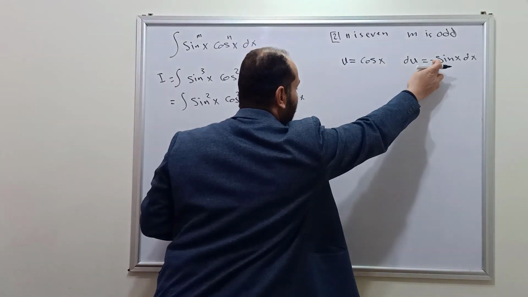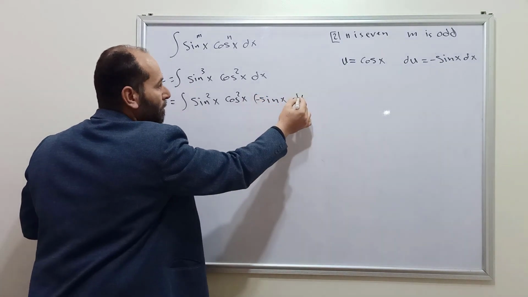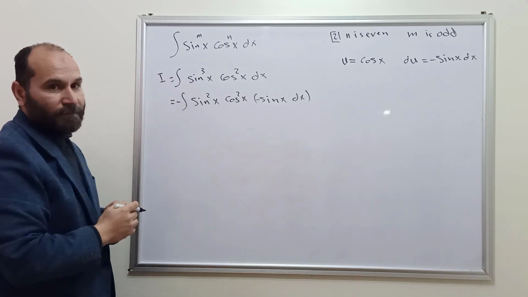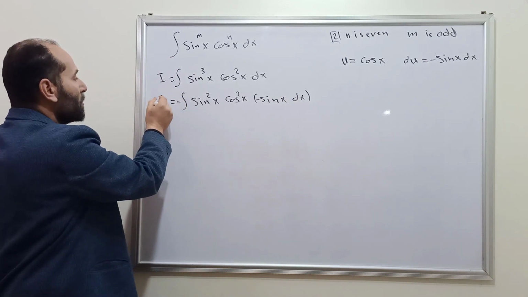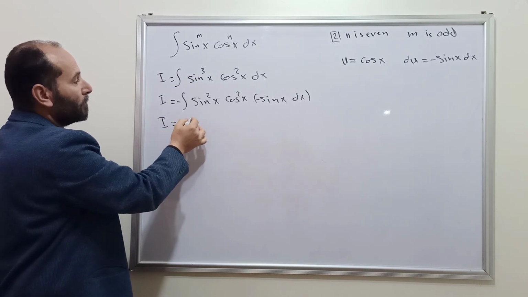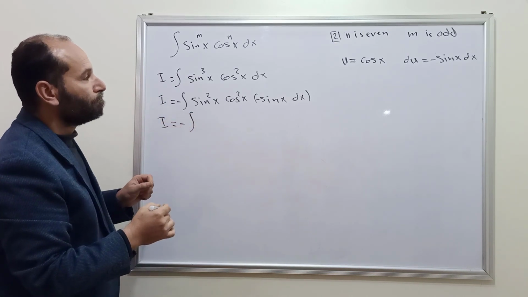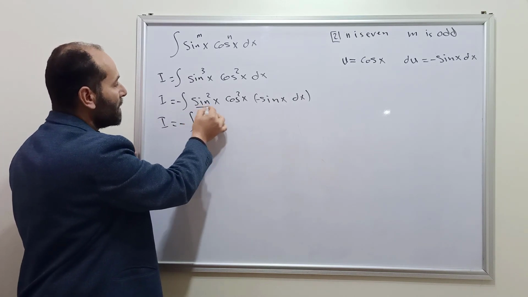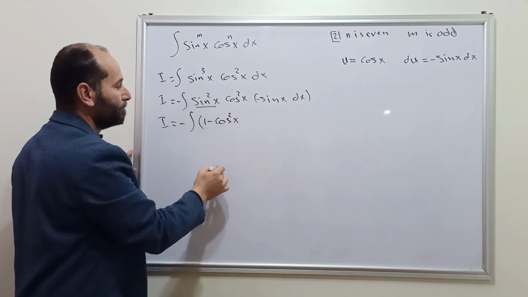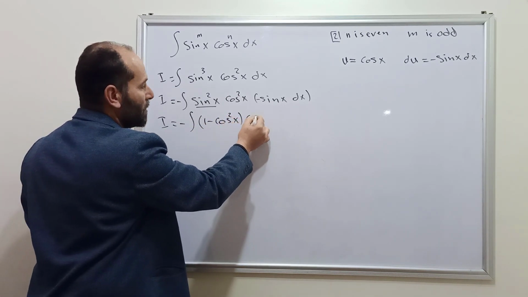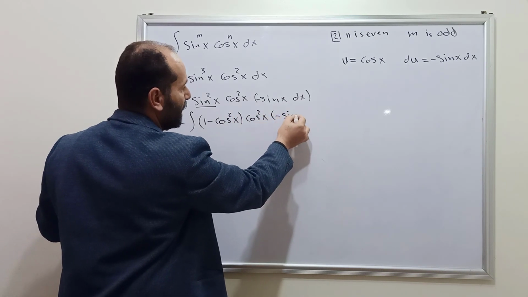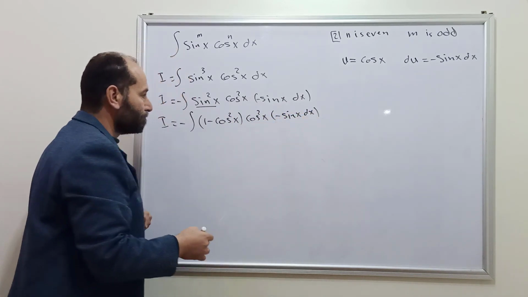We need a negative here, so we put a negative here. So I equals negative the integration of sine squared x, which is 1 minus cosine squared x, times cosine squared x, times negative sine x dx.